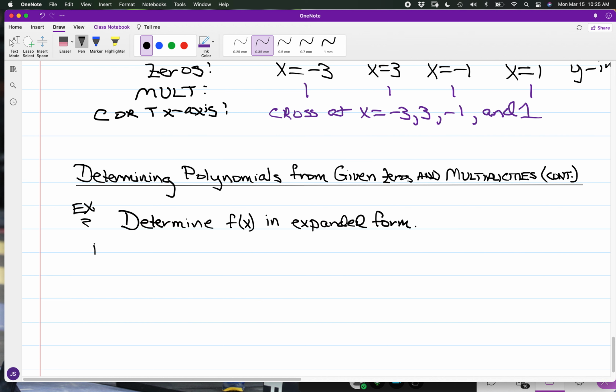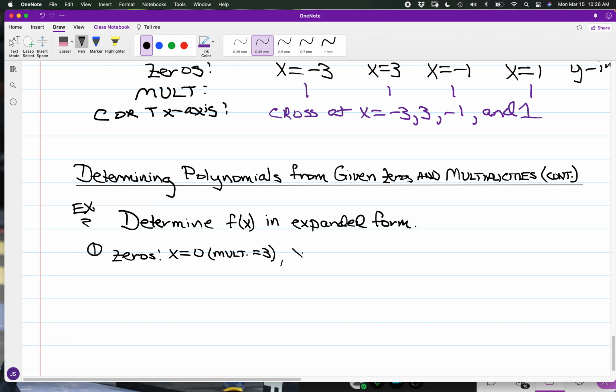Let's say we have in the first case zeros. Let's say we have x is equal to 0, and we'll say that we have the multiplicity to be 3.